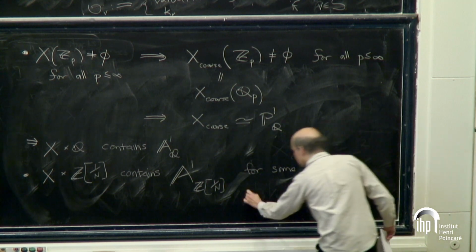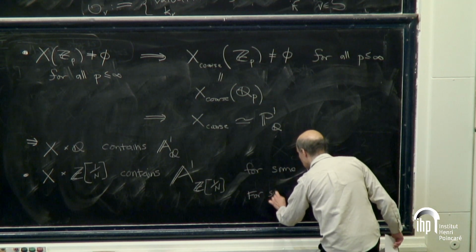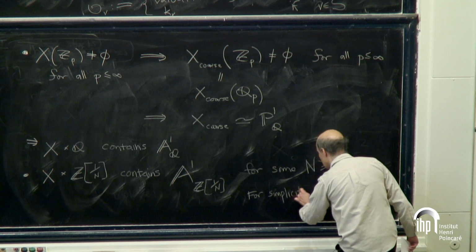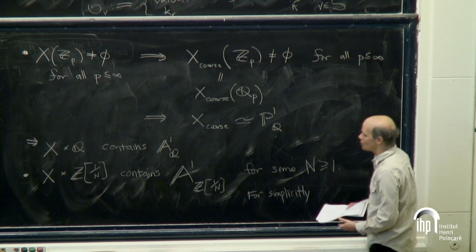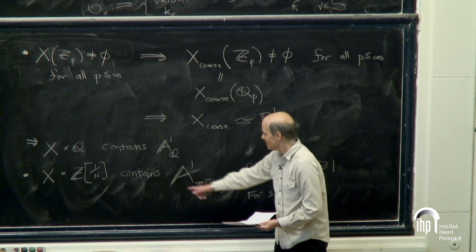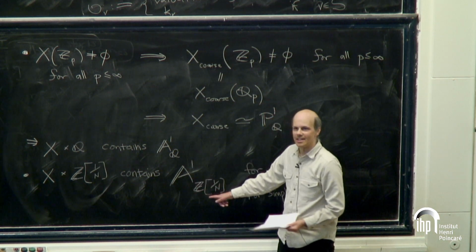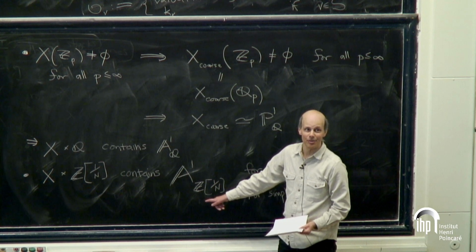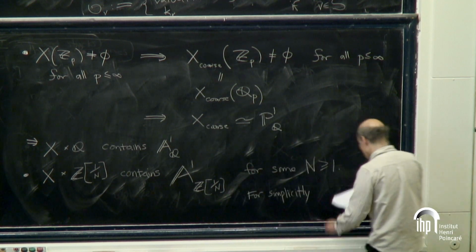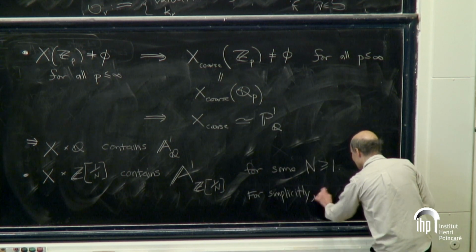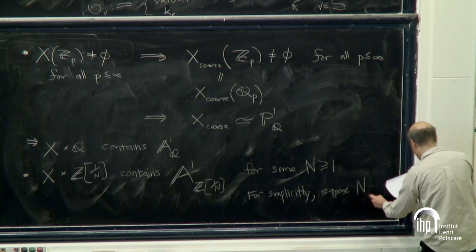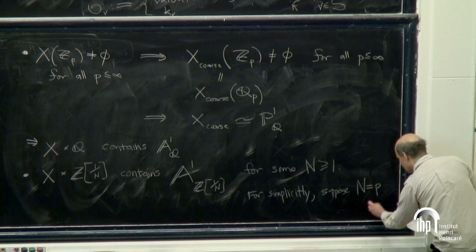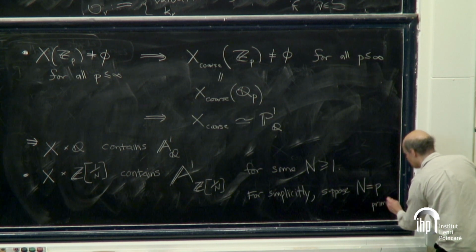And just for simplicity for this talk, if n is equal to 1, then it's too simple, because then it contains A1 over Z, and then we know that that has a Z point. But let me make it a little bit more challenging for myself. Let's assume there's only one bad prime, just so I don't have to deal with so much notation. So n is just a single prime.